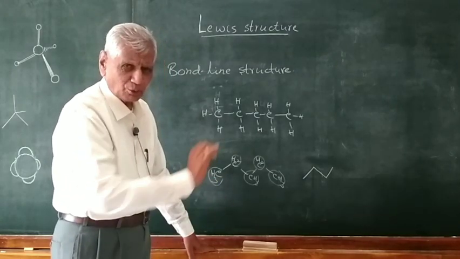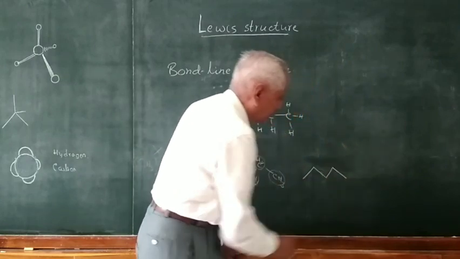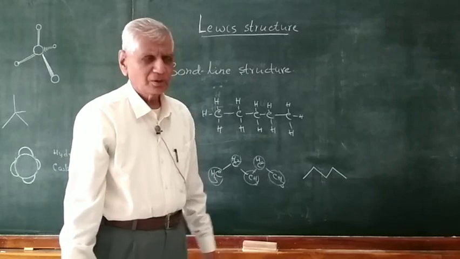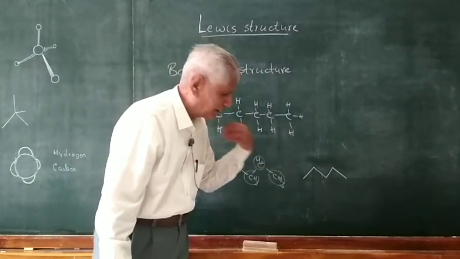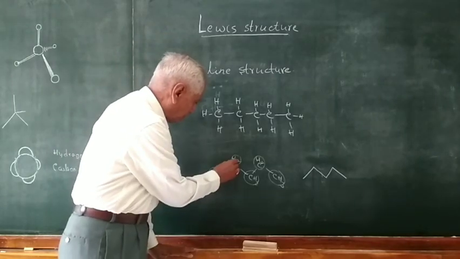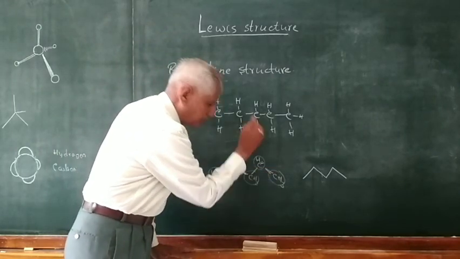There is no need to write it. Then put one more bond here. What is there? CH3. Don't write it. Don't take the trouble of writing the atoms. So here you have written this bond, this bond, this bond, this bond.